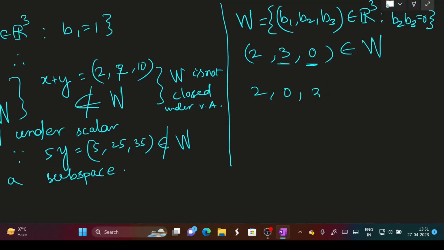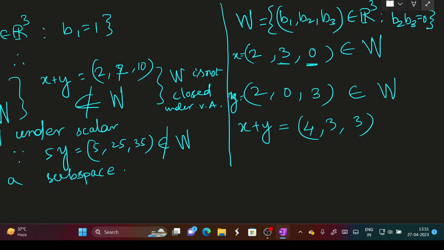This also belongs to W. Suppose its name is X, and this one is Y. What is X plus Y? This is equal to (4, 3, 3). Now what about the product of the last two components? It is not giving me 0. So it is not an element of W. So X is an element of W, Y is an element of W, but X plus Y is not an element of W.